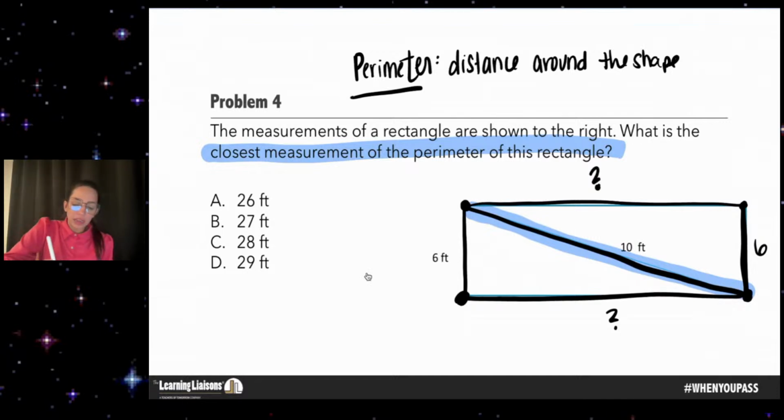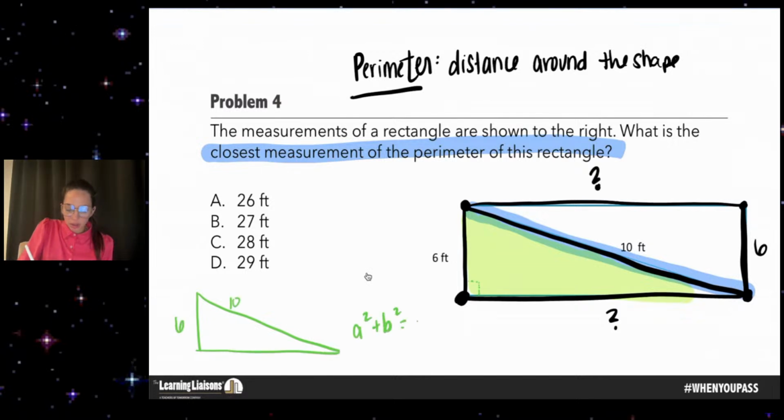Well, I have to recognize that I have a triangle here, and it's actually a right triangle. And if I have a right triangle, then I know I can use the Pythagorean theorem to solve for that missing piece.